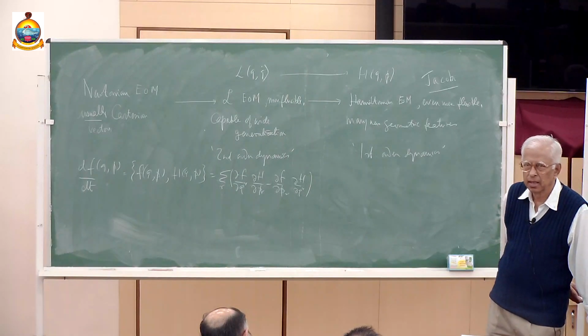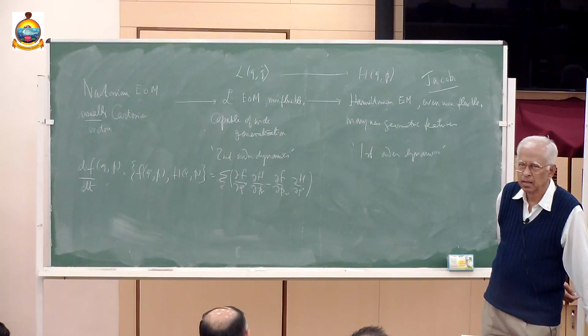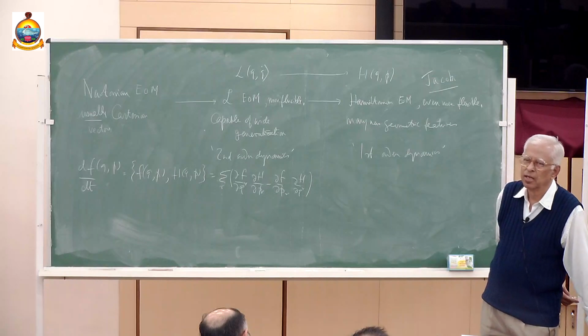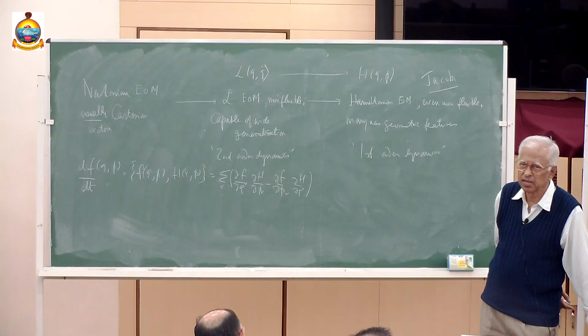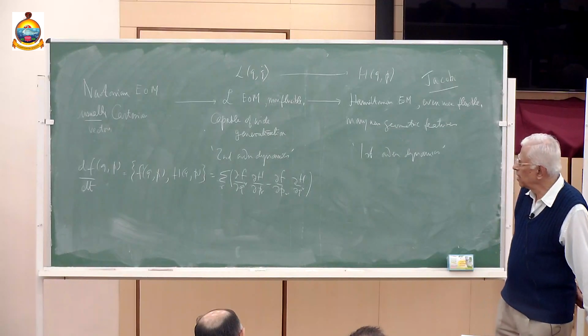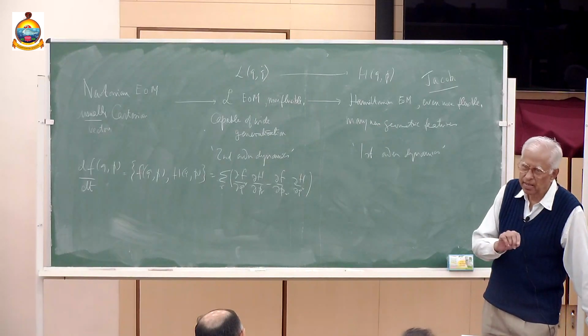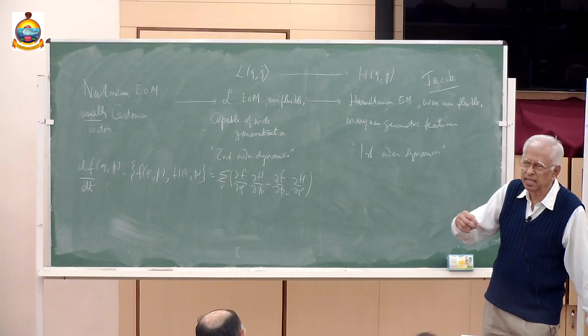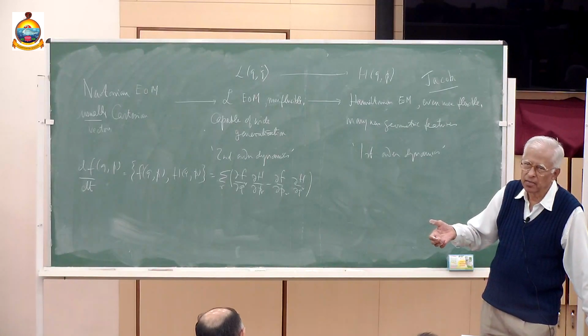Any function f of q, p is related to the Hamiltonian in this way, df. Not related to. You take any function of the coordinate and momentum variables and you ask, while q and p obey the equations of motion and keep changing in the course of time, how does f change in the course of time?